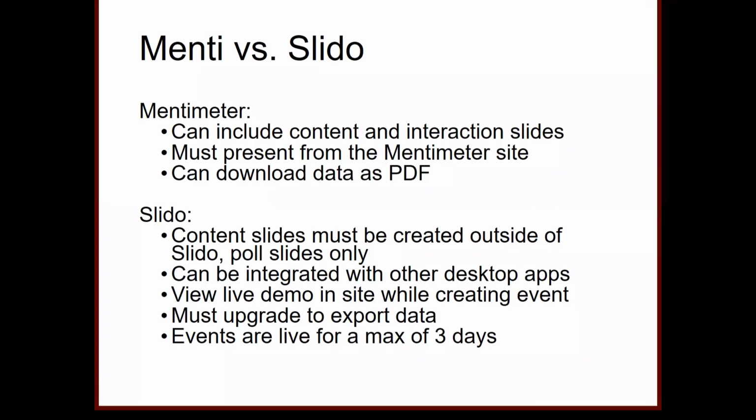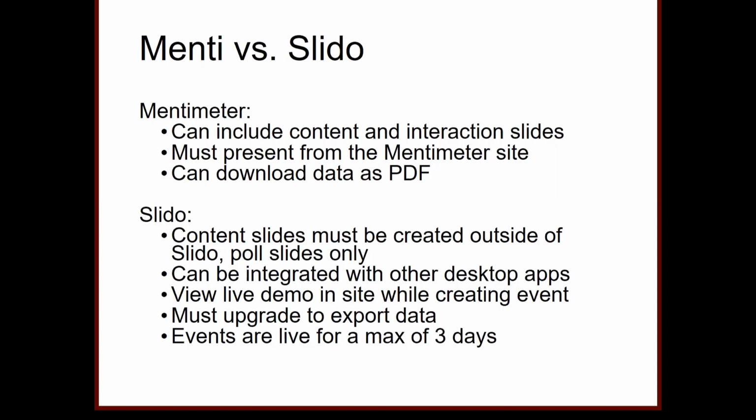And so again, kind of choosing what would work best for maybe the presentation that you're giving, or your level of digital literacy in this particular area. So with Mentimeter, you're including content and interaction slides. You have to present though from the Mentimeter site, and then you can download your data in a PDF form.